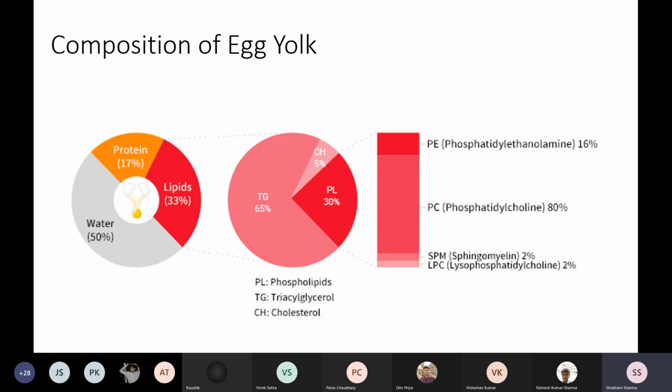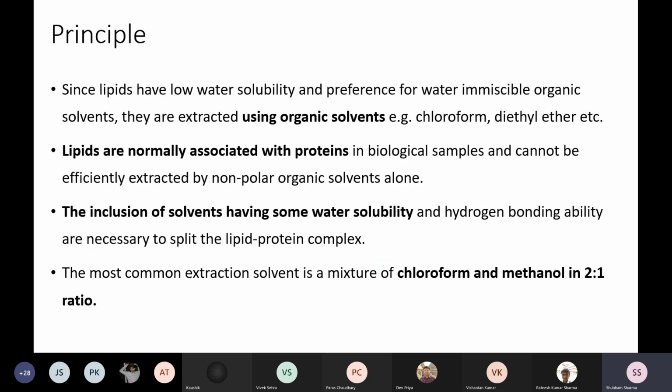Okay, then let's move forward to the principle. Here we will be showing how the extraction of this lipid part, that is around 33%, takes place from the egg yolk. As I have just told you, lipids are not properly soluble in water, or are very poorly soluble.